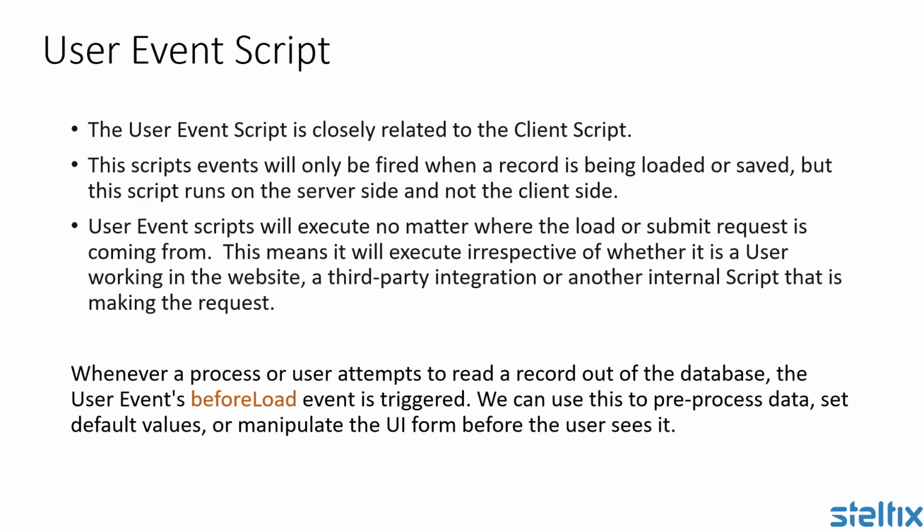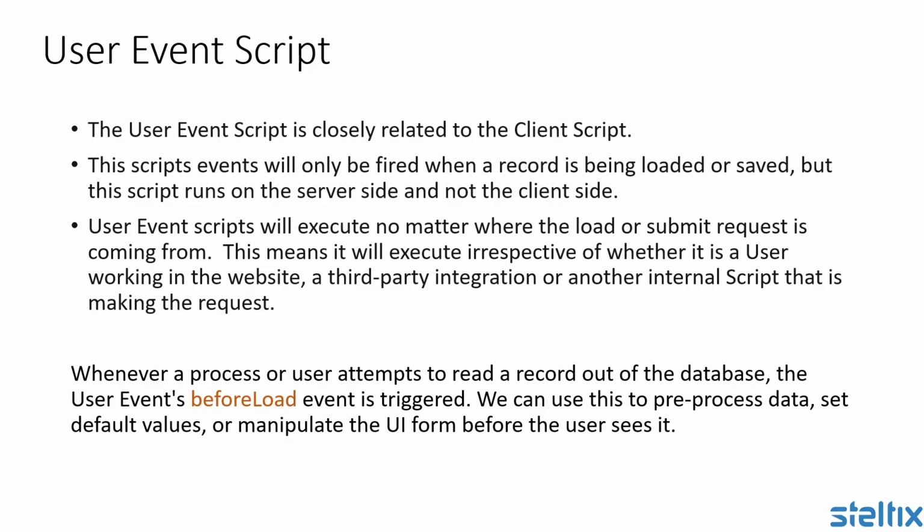So, for example, if a user is working on the web page, a user event script will be executed if we have one. If we have a third-party integration, so say for example, we have API calls to a shopping cart solution, then when we either update the record or make a new record, then the user event script will take place.